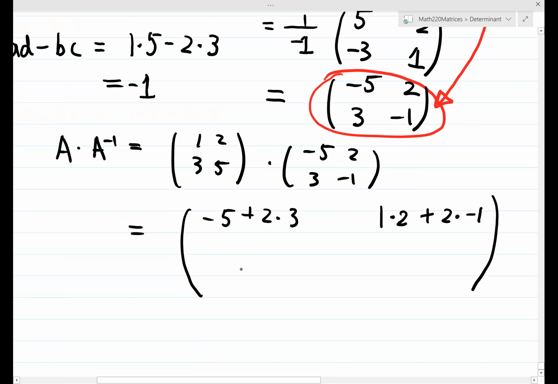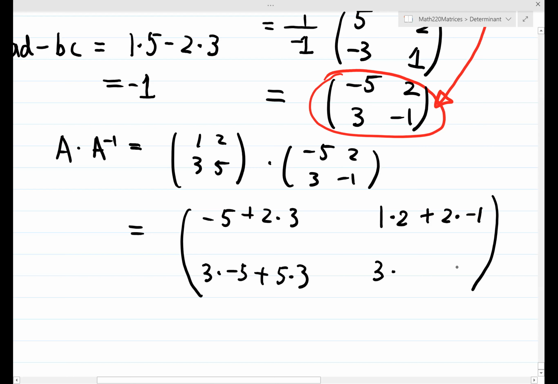Then second row times first column: 3 times -5 plus 5 times 3. This is also 0. And then entry 2,2 is second row times second column: 3 times 2 plus 5 times -1.